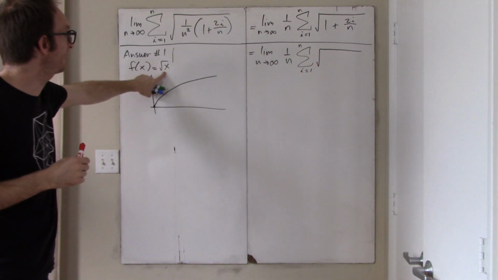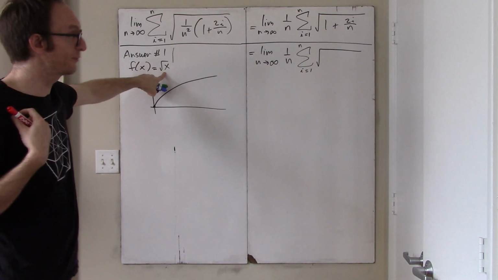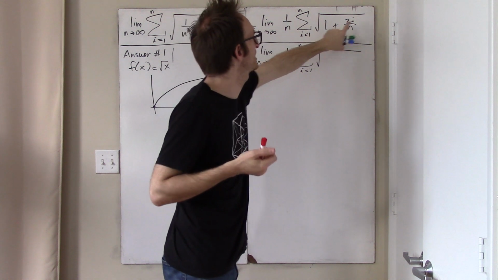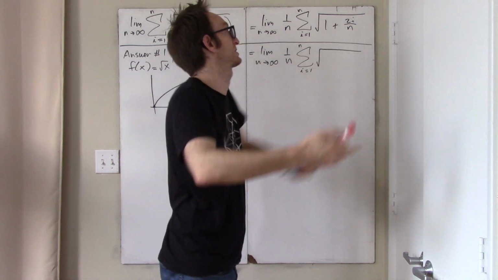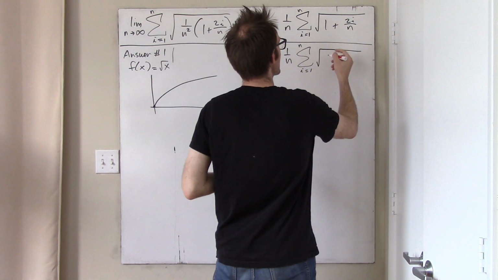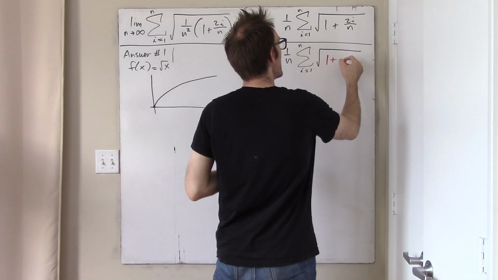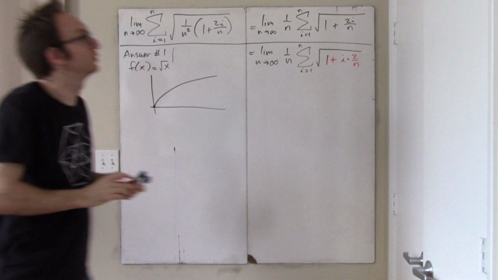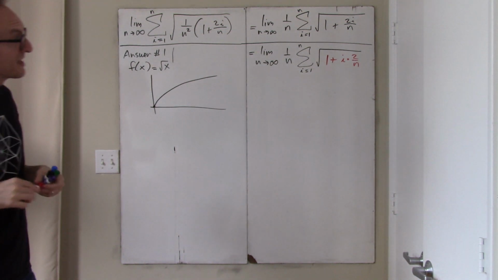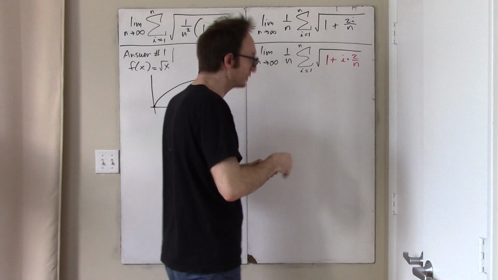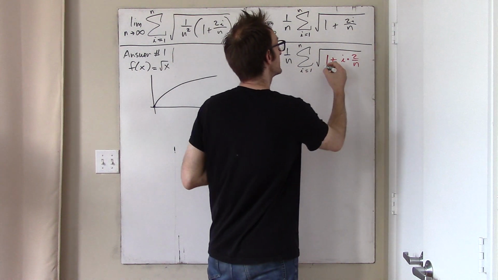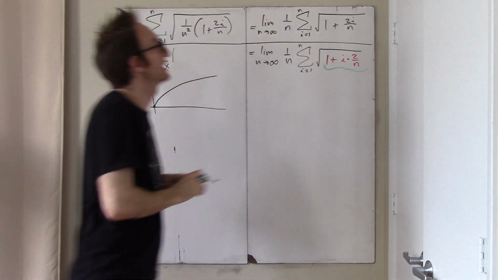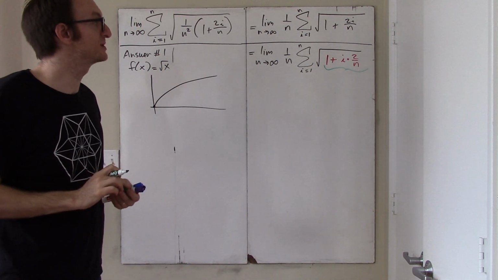If you think that the function we're integrating is the square root function, then 1 plus 2i over n is the input, so to speak. I'll even write this as 1 plus i times 2 over n to suggest that the general term I'm plugging in is 1 plus i times 2 over n.